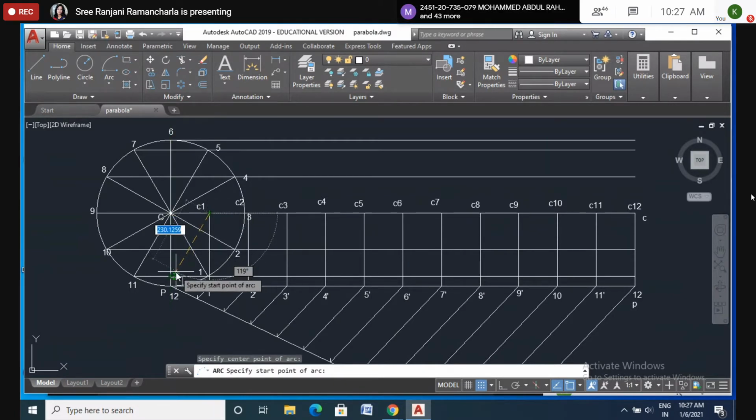C1 as a center, and I want to change the radius. Radius is 2.5. Your radius is 2.5. Then I am cutting like this.